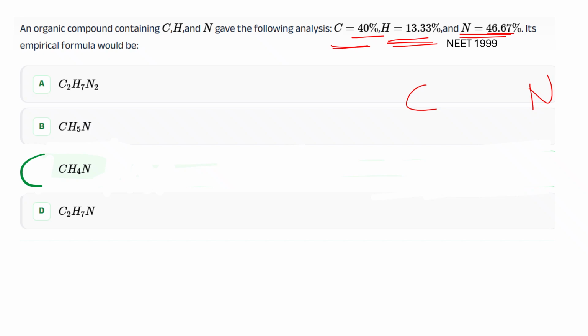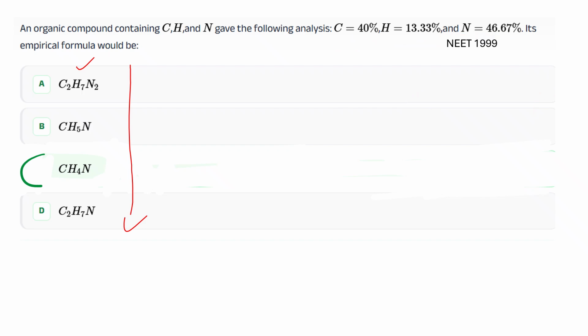But you see in the four options, hydrogen is always higher in amount than both carbon and nitrogen. So how to solve this? There is one problem. The problem can be solved by the atomic mass of individual atoms.